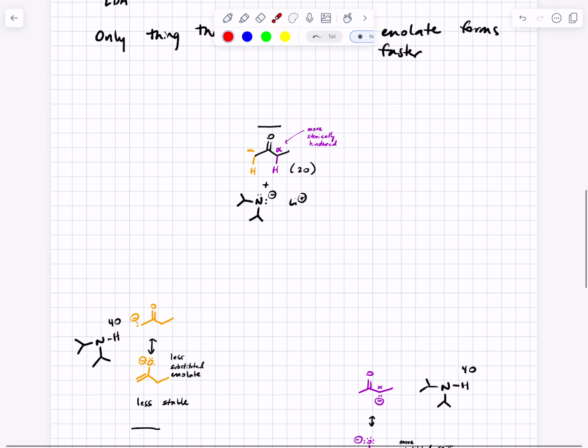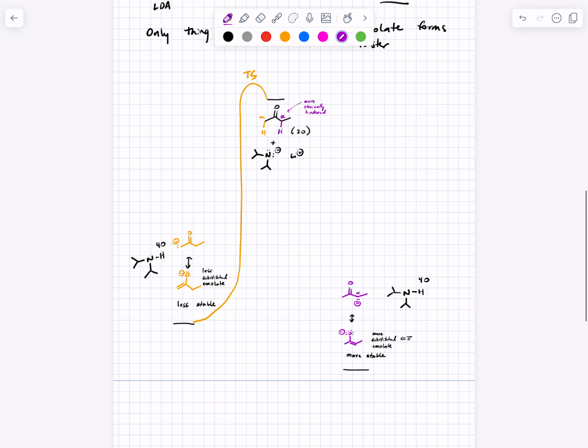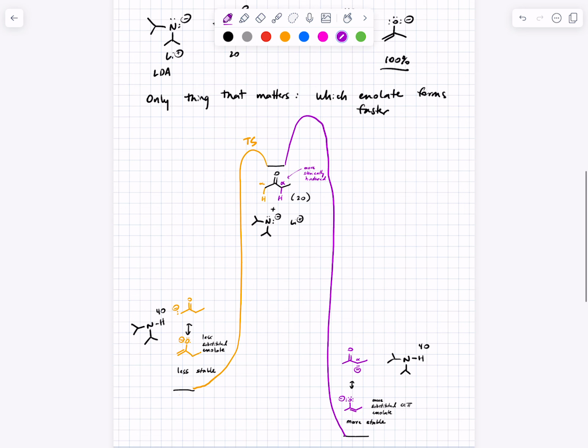Another way of saying that is that the transition state in which LDA attacks and removes the orange alpha proton is lower in energy than the transition state in which LDA attacks and removes the purple alpha proton.